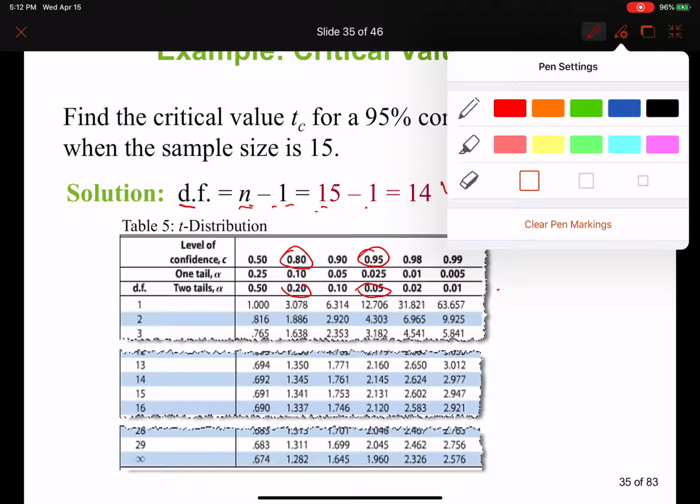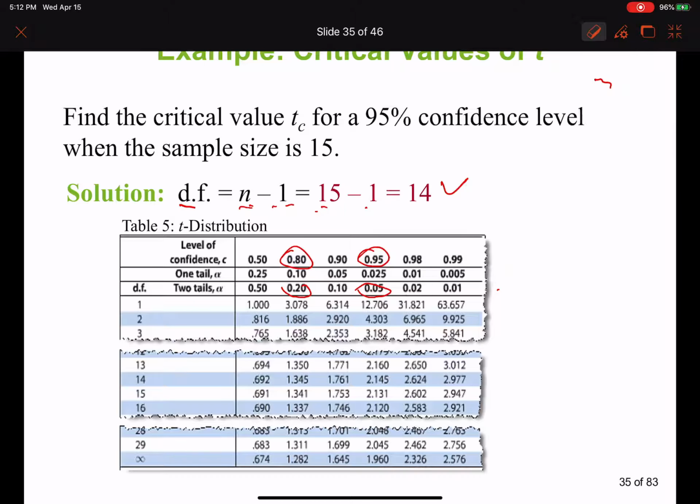The other example, there are some tables that give you only one tail. If they give you one tail 10%, that means one tail is 0.1, then two tails will be times 2, which will be 0.2, and the confidence level will be 1 minus 0.2, which will be 0.8.